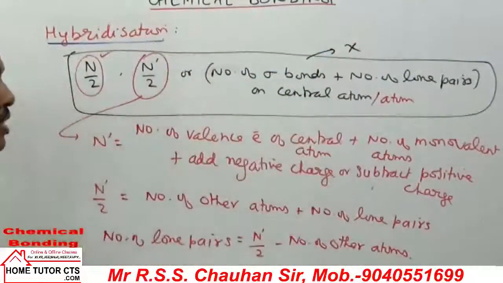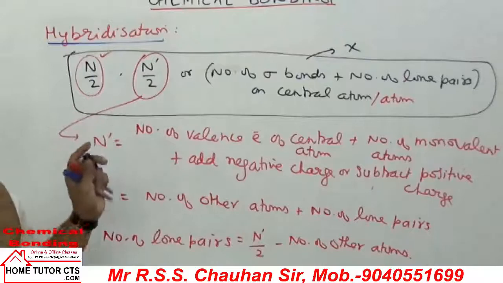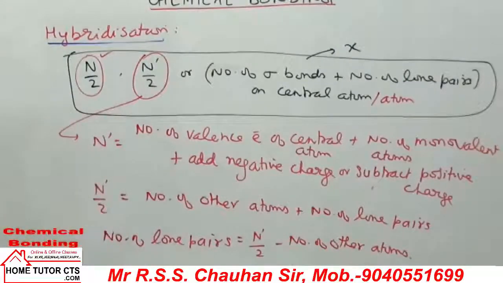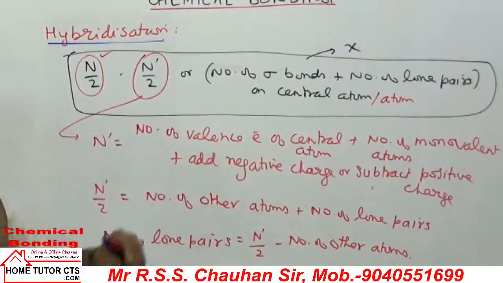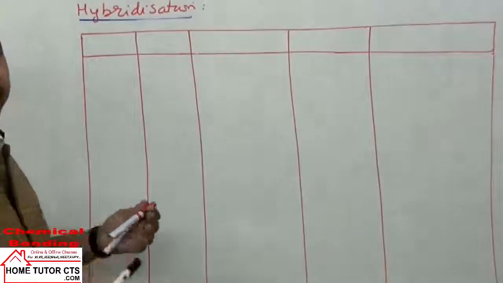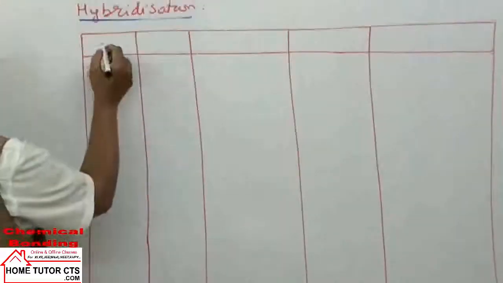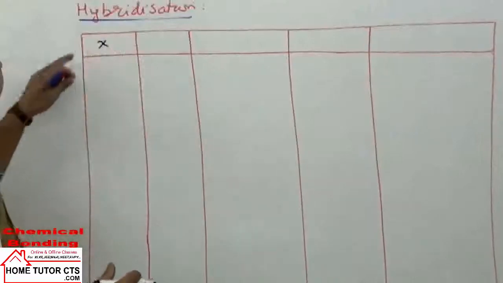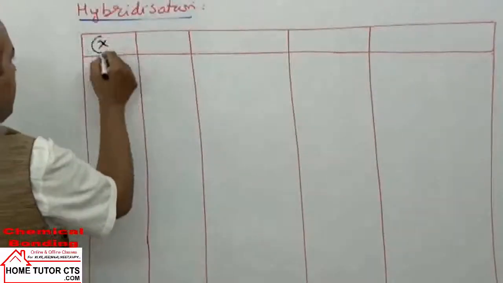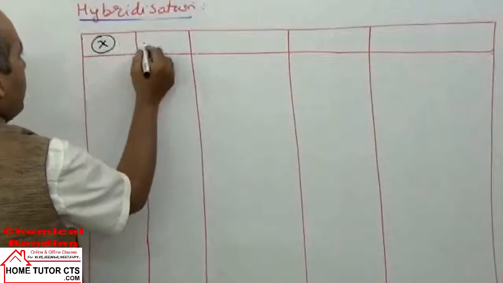If the number x is known to us, we can tell directly the hybridization of the atom for which these values are known. So for these values, we can make one table in which I will explain all the values, and then we will explain the shapes in separate cases directly. We can take the value of x. This x is the same as the n by 2 or n dash by 2 already given. Then this x can give the hybridization.